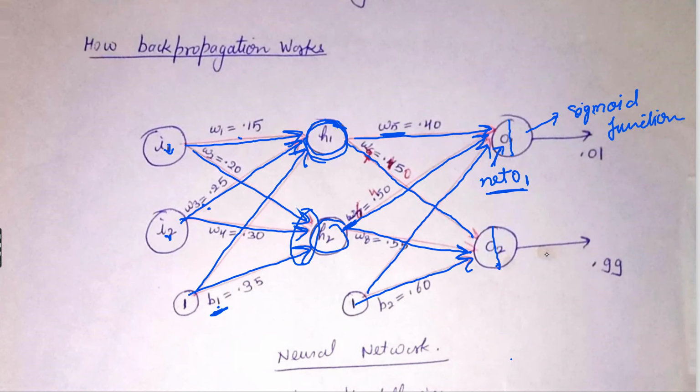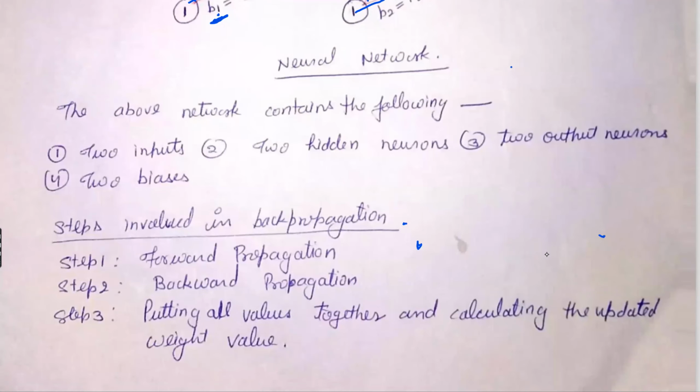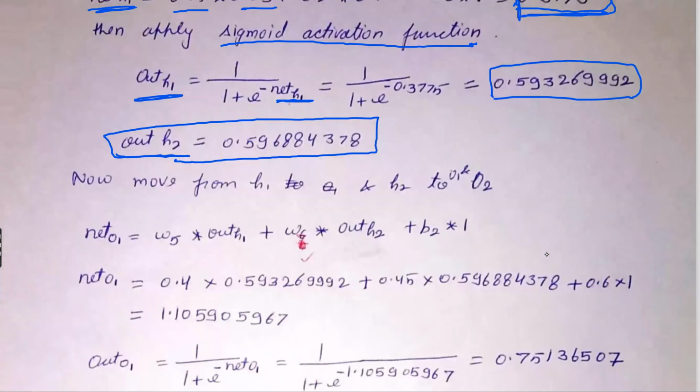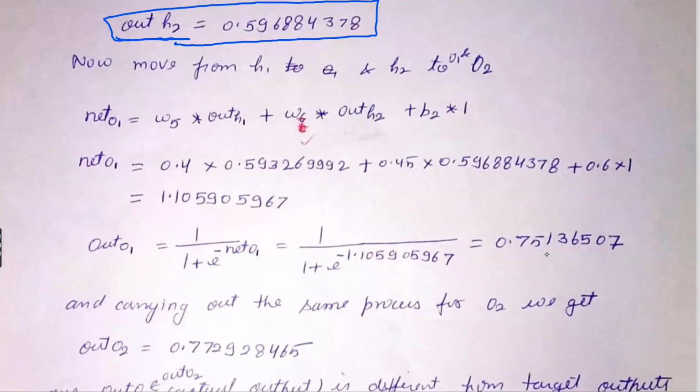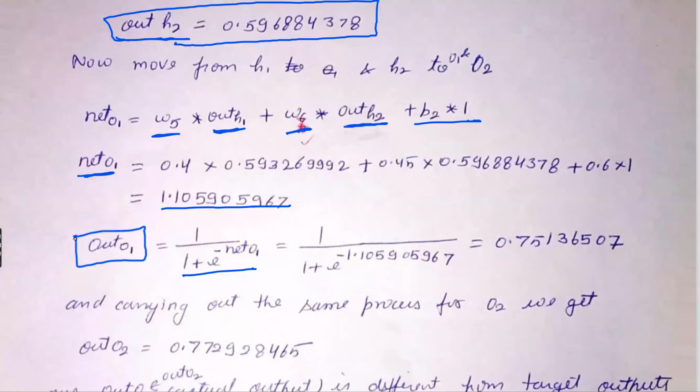So the net O1 is W5 times the output of H1, plus W6 times the output of H2, plus the bias value. After putting in all the values, we get net O1, and on this net O1 we apply the sigmoid function to get the output of O1. The output is calculated like this.